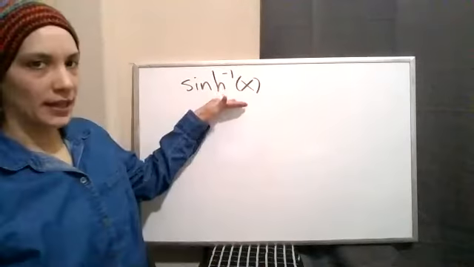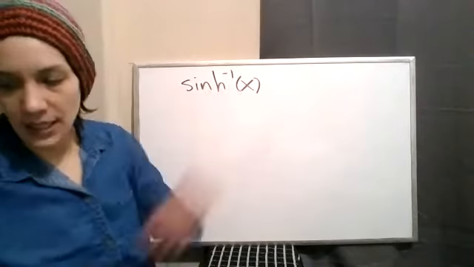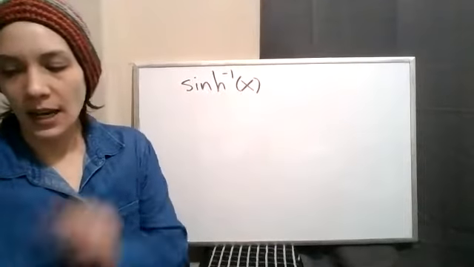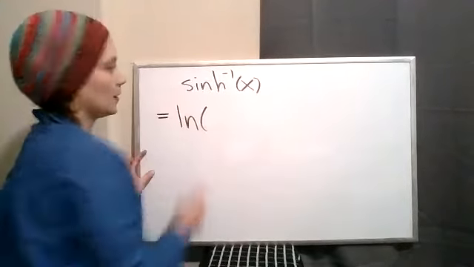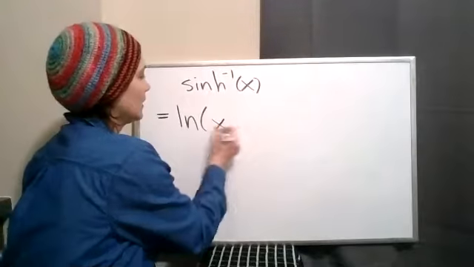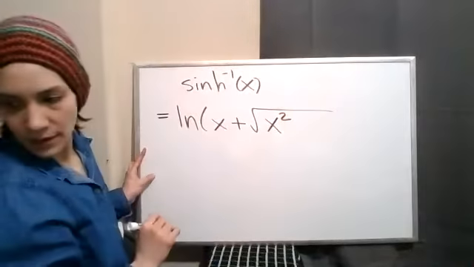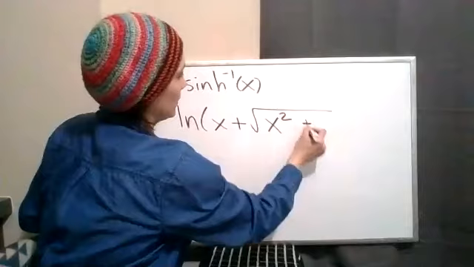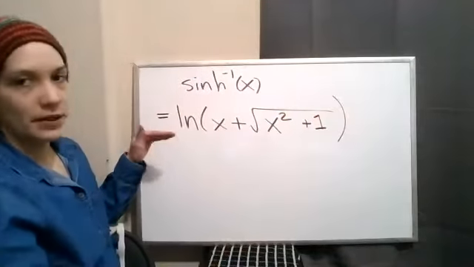Okay, so we need to go back. The inverse of hyperbolic sine is equal to ln of x and then add the root of x squared plus 1. There we go.